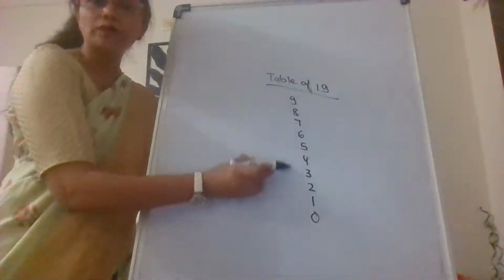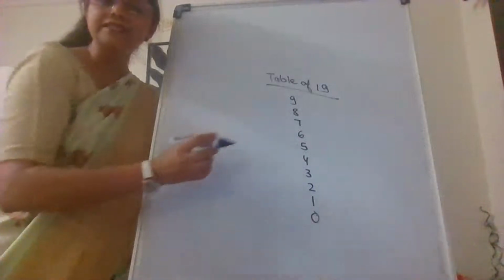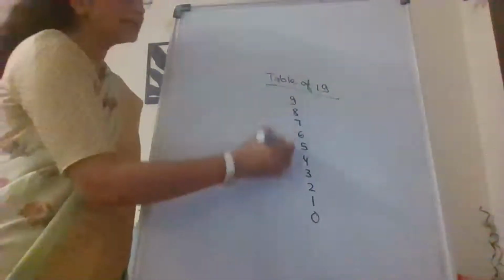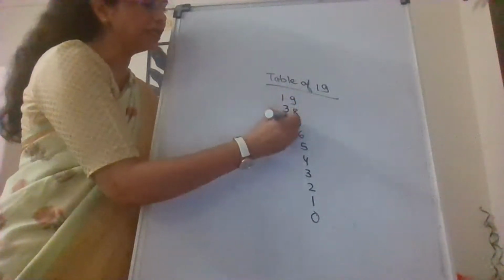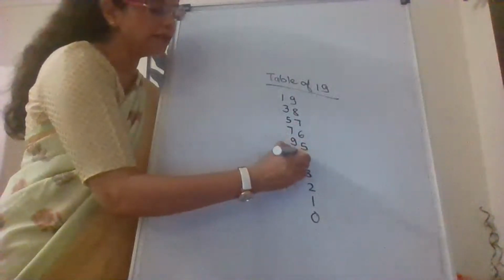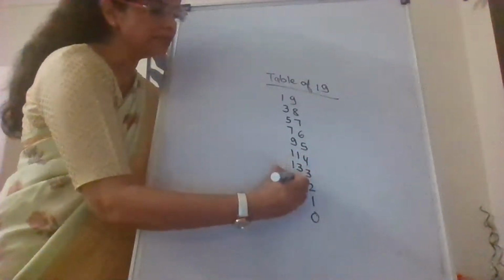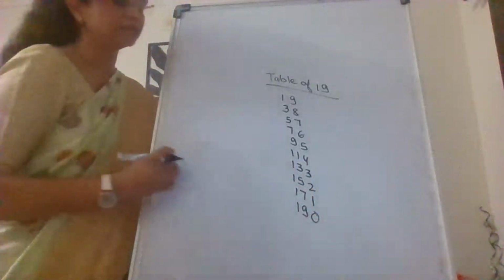Just write down the backward counting starting from 9 to 0. The next step is that you have to write down the odd numbers. 1, 3, 5, 7, 9, 11, 13, 15, 17, and 19.